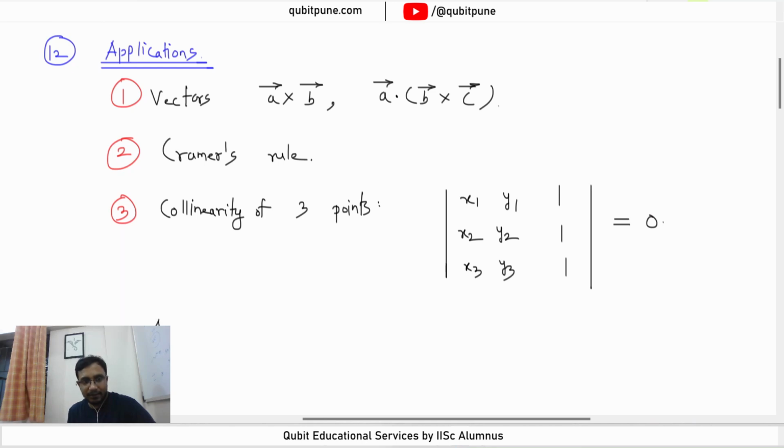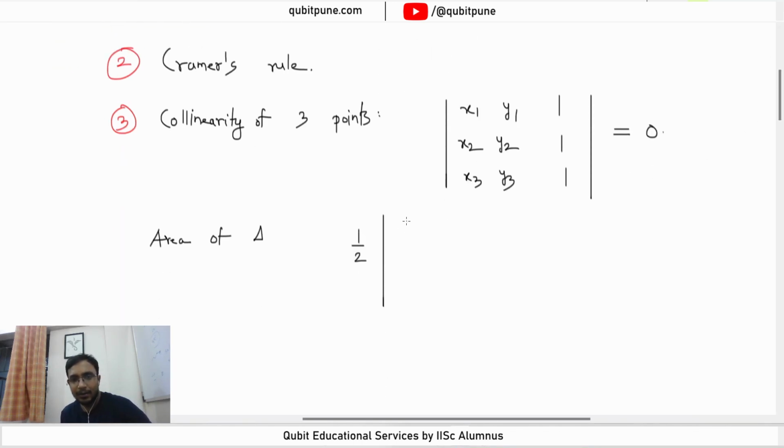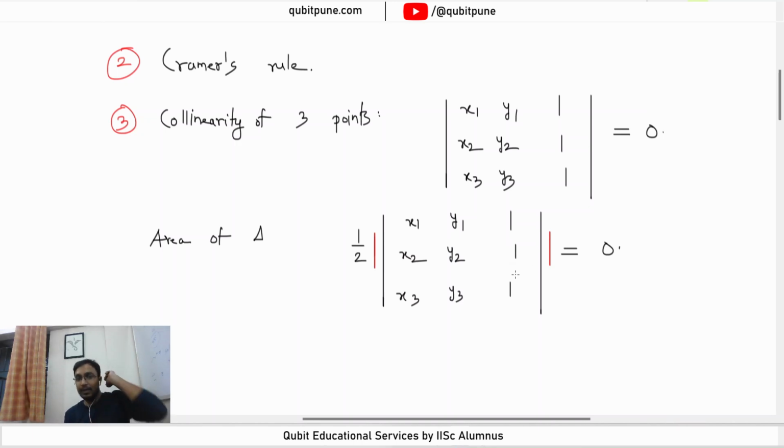Yes. In fact, this emerges out of the area problem, area of triangle. It is half into the determinant of x1, y1, 1, x2, y2, 1, x3, y3, 1. We usually take the mod here because area cannot be negative.